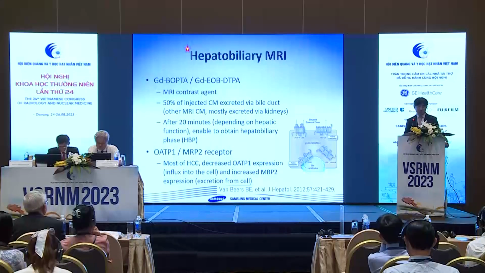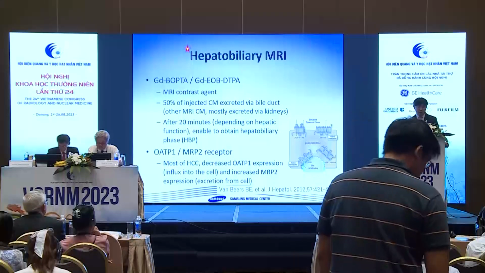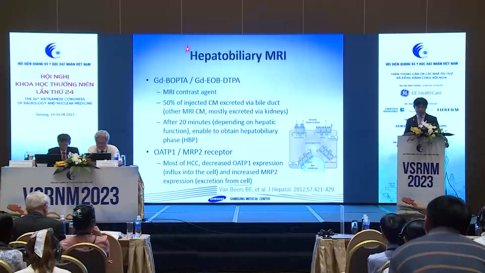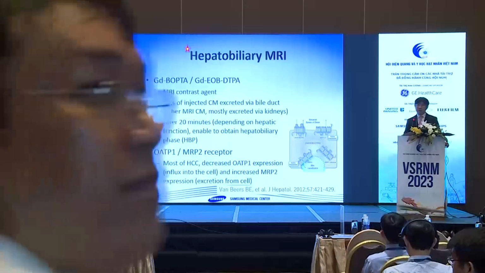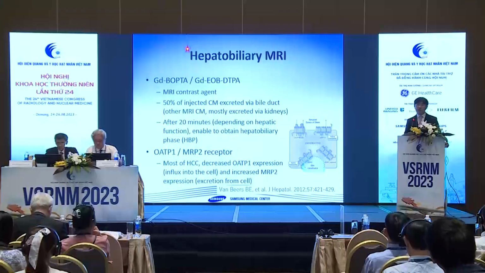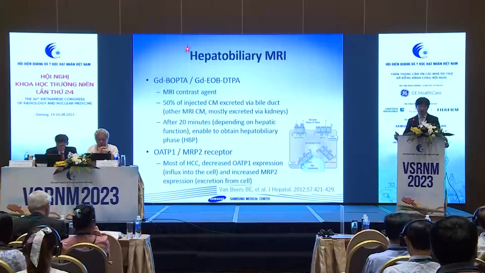The mechanism of the hepatobiliary phase depends on the OATP1 and MRP2 receptors. In normal hepatocytes, OATP1 acts to influx the contrast media into the hepatocyte, and the MRP2 receptor excretes it via the bile duct.